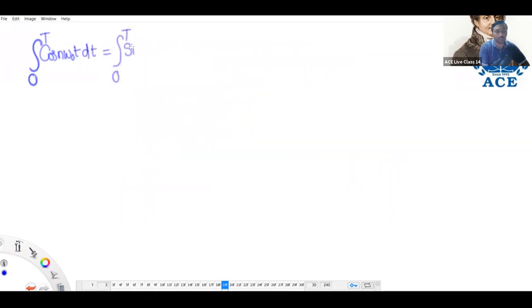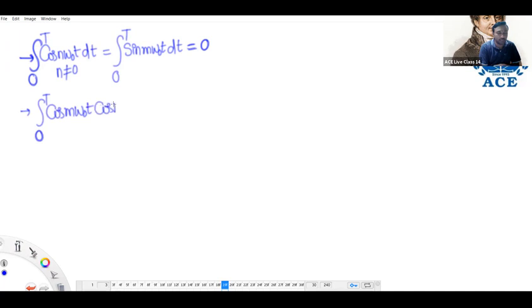When you integrate a cos or sine function for one cycle, the answer becomes 0, with n not equal to 0 for the cos function, because cos 0 is 1. That is the first integral. Similarly, if you take cos m omega naught t, cos n omega naught t dt, sir, for equal values of m and n, the answer becomes T by 2.